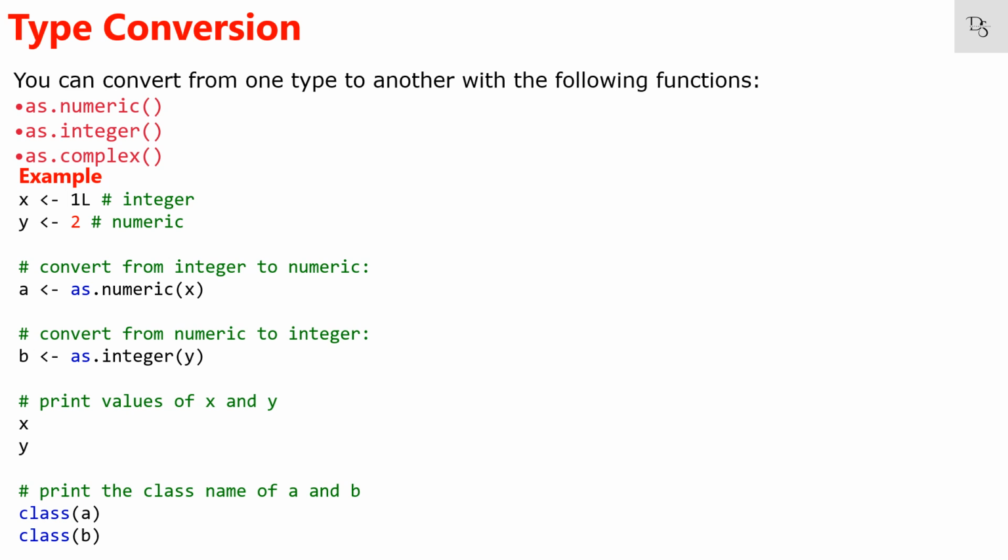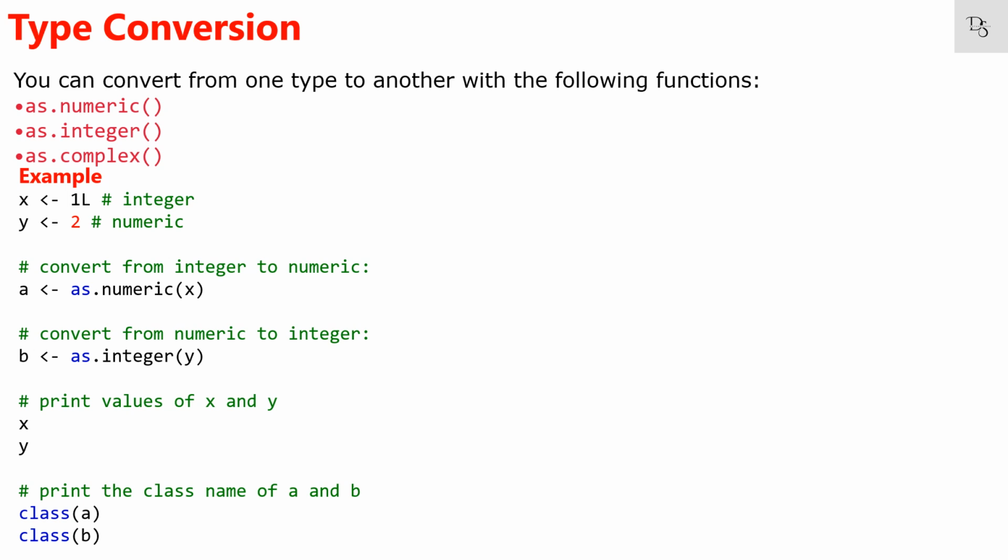Next, type conversion. In type conversion, we use as.numeric, as.integer, as.complex. Here x is an integer value because we have L, meaning integer value. Next, y equals 2 means it is numeric. If we want to convert an integer value into numeric, we use the as.numeric function.